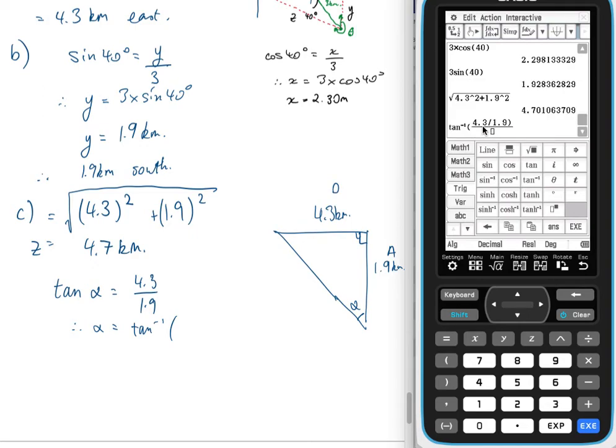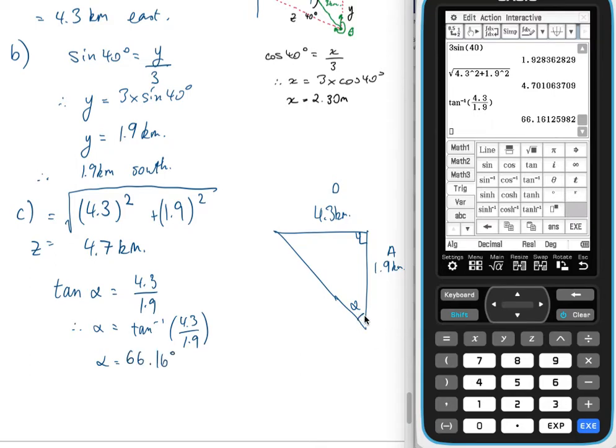Okay, oh, invalid syntax. There we go. On 1.9. And we close our bracket, press enter, and we know that alpha is equal to 66.16 degrees. Now, what we figured out there is that chunk there.